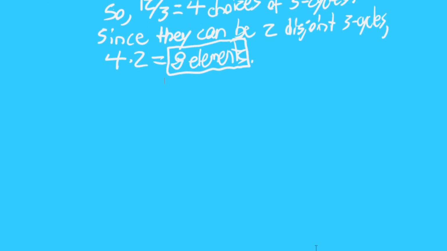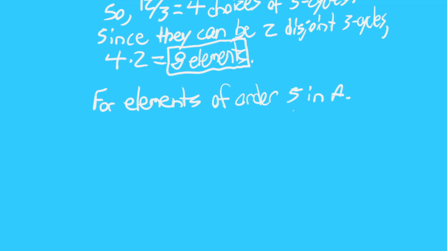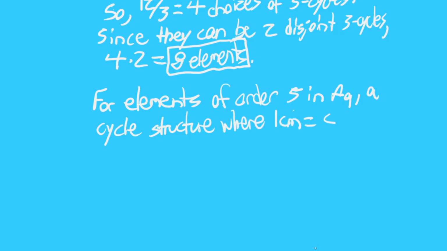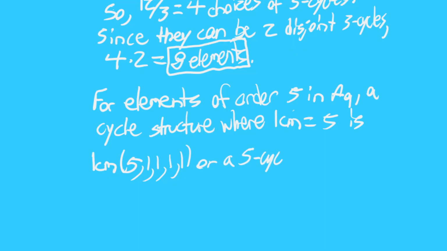All right, then for the second one, we have for elements of order 5 in A9, a cycle structure where the least common multiple is 5, or a 5 cycle and four 1 cycles.